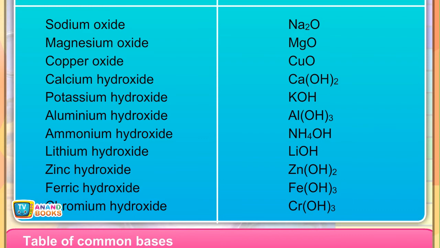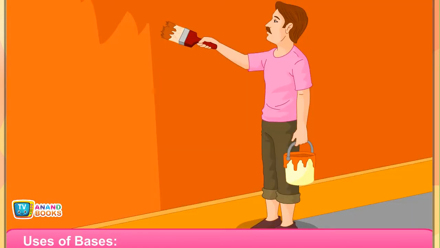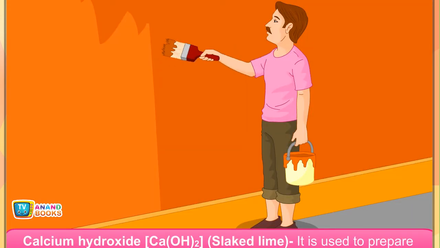Ammonium hydroxide, NH4OH. Lithium hydroxide, LiOH. Zinc hydroxide, Zn(OH)2. Ferric hydroxide, Fe(OH)3. Chromium hydroxide, Cr(OH)3. Uses of bases: calcium hydroxide, Ca(OH)2, slaked lime.